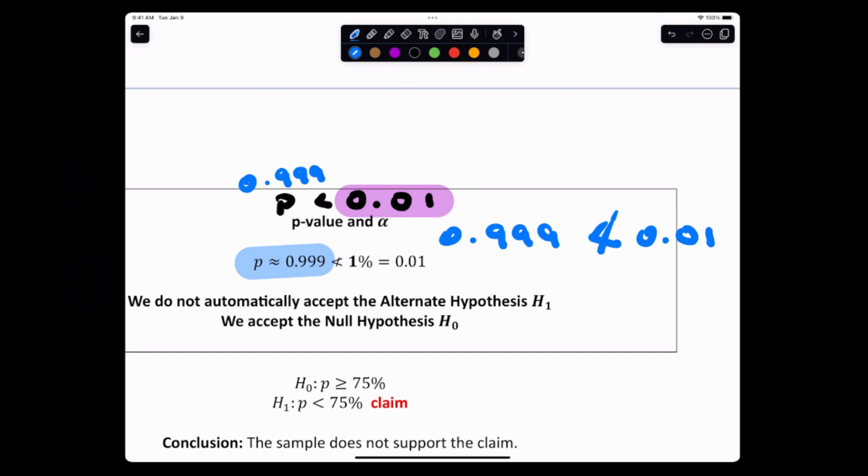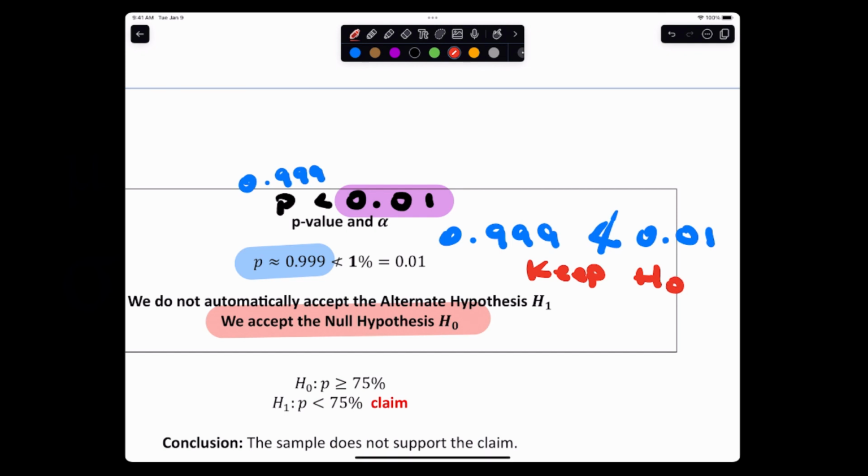In other words, the p-value is not low. If the p-value is not low, then you automatically accept the null hypothesis. And what I've been telling you the last class, you keep the null.